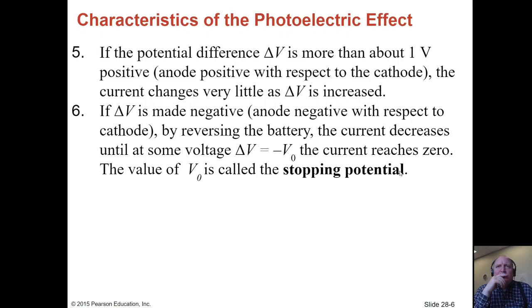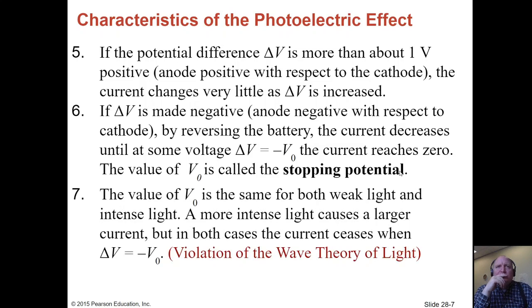The value of V naught is called the stopping potential. The value of V naught is the same for both weak light and intense light. A more intense light causes a larger current, but in both cases, the current ceases when delta V equals negative V naught.